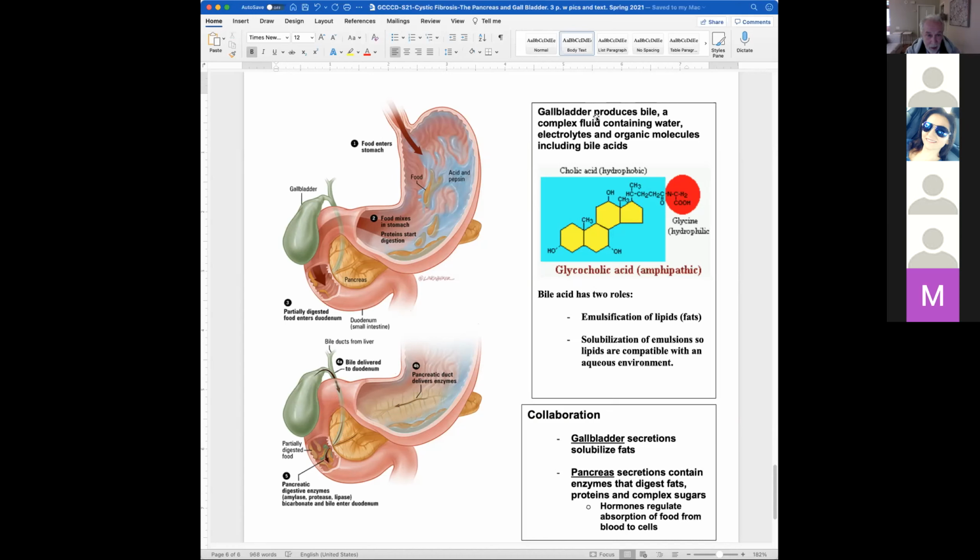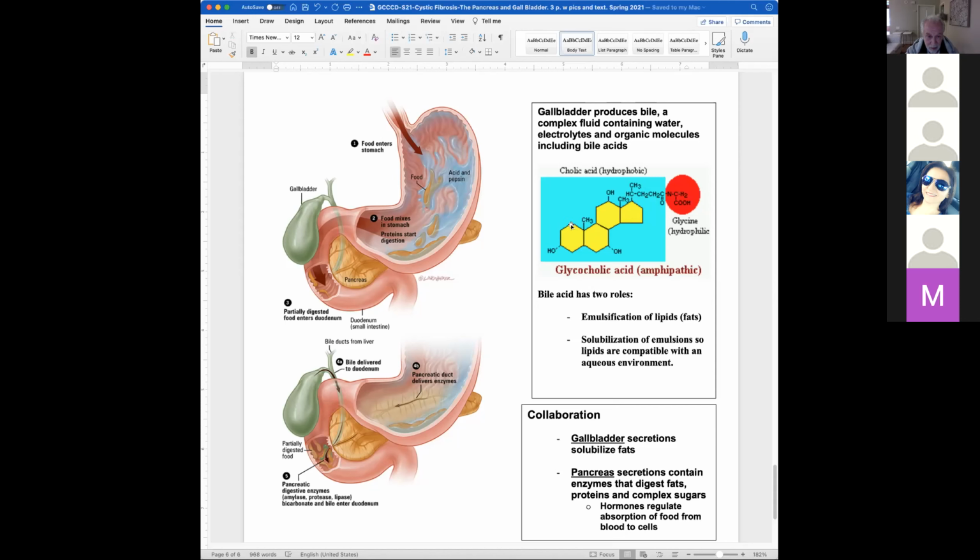Well, on the right, the gallbladder produces a complex fluid containing water, electrolytes, and organic molecules, including bile acids. And it's the bile acids that we're concerned about. Now, here's an example of a bile acid, cholic acid. It's hydrophobic because it's nonpolar.